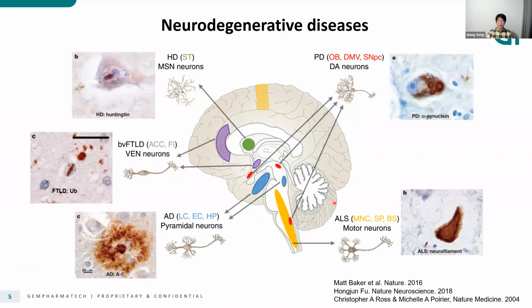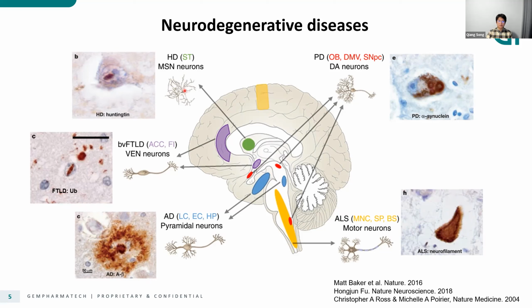The clinical manifestation of a particular neurodegenerative disease reflects the region of the brain and the specific population of cells affected. In Alzheimer's disease, the pyramidal neurons in the LC, EC, and hippocampal regions are affected and form amyloid-beta plaque deposition. In Parkinson's disease, the dopaminergic neurons in the substantia nigra are affected, and alpha-synuclein protein accumulation can be detected in the cells.